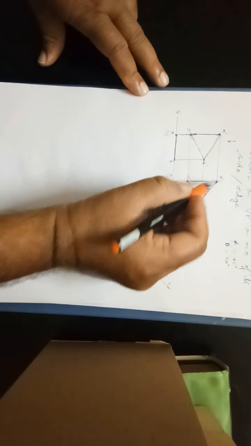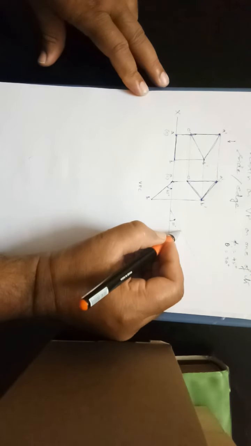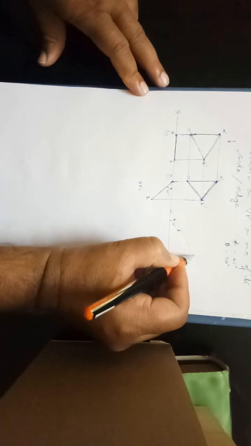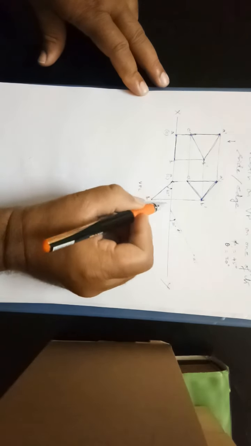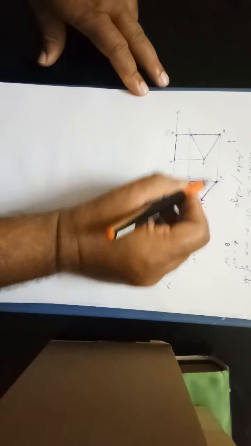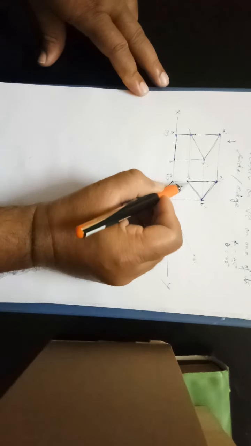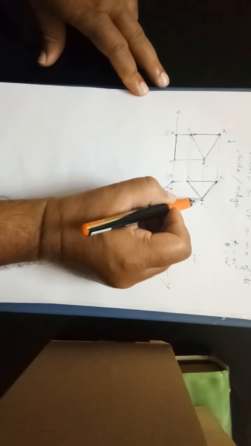On this line you take the edge A dash and C dash. Measure A dash and C dash from here. Let this be C, and this be C dash, and this is A dash. Okay, now to complete the front view, this is A dash and C dash. So measure C dash and B dash.